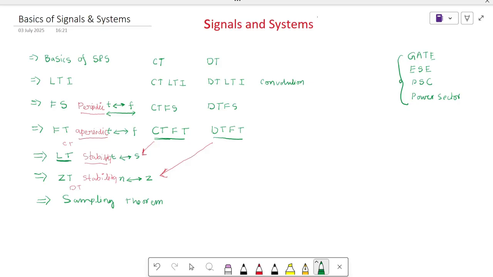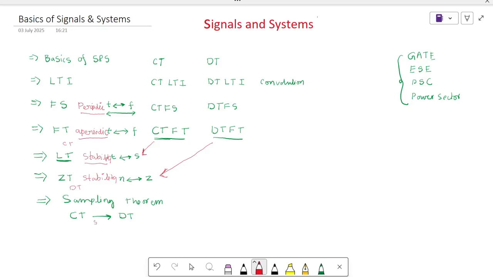In these techniques, we converted the time domain to the frequency domain. But in the sampling method, if you apply the sampling concept to continuous time, it becomes discrete time.